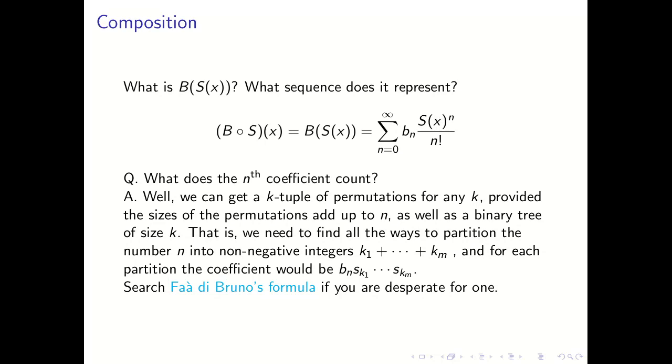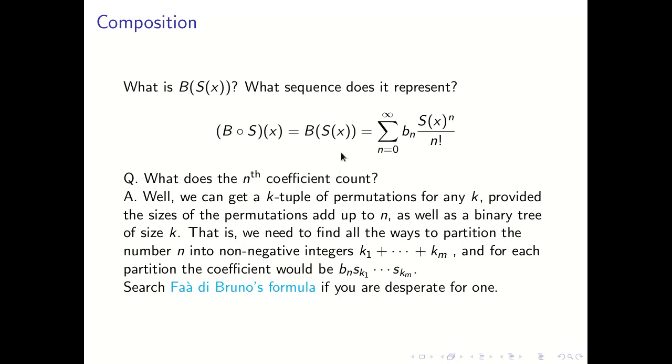With this, we'll need to distribute all the labels between every element in our tuple. So what we're doing is, for any k-tuple of, in this case, permutations, the total number of labels has to add up to n. But we also have to have a binary tree of size k, which is this b sub k thing.